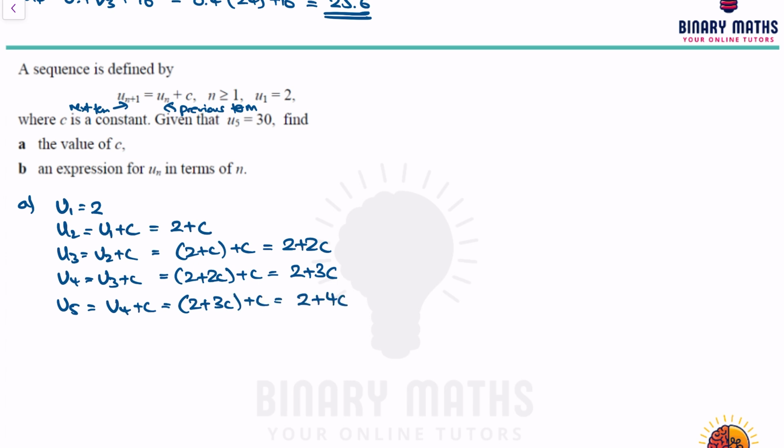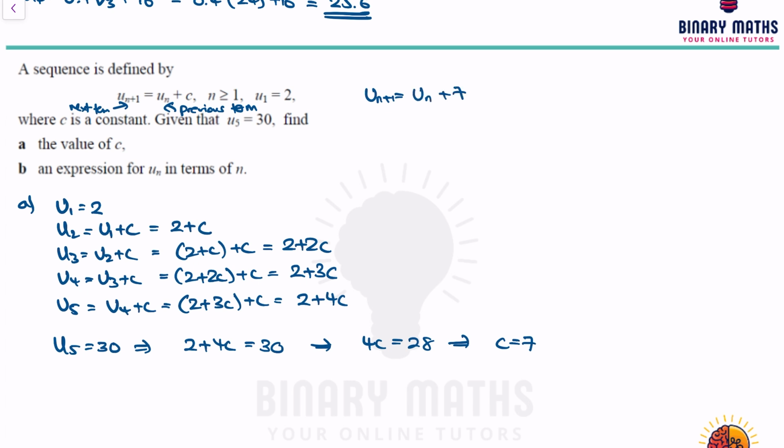So what we do know is u5, we're given that u5 is equal to 30, which implies 2 plus 4c is equal to 30, which means 4c is equal to 28, which implies c is equal to 7. So that means we can rewrite u(n+1) is equal to un plus 7.